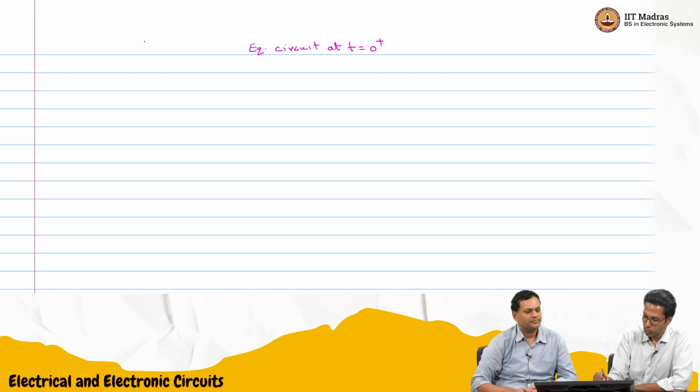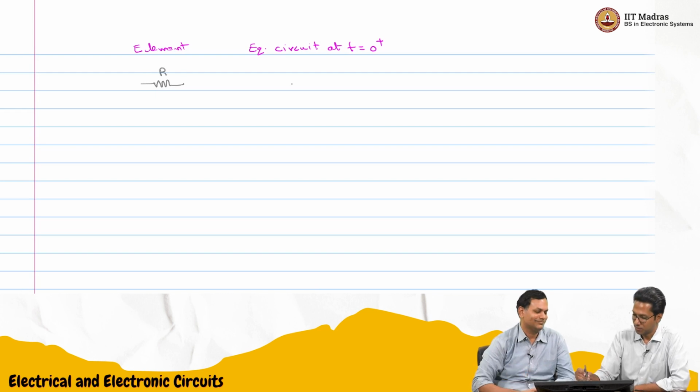We'll just put the element also maybe here. So we have first the resistor. This is not going to change anyway. It will be just the resistor itself.